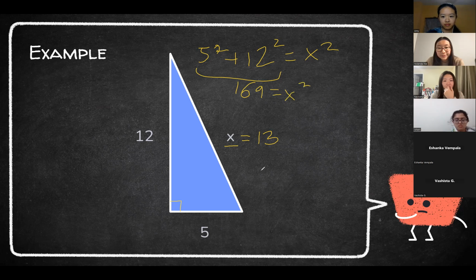So that equals x squared. Now if we take the square root of both sides, we get that 13 equals x. And so that is the length of the hypotenuse. And another way you could know this is if you memorize the Pythagorean triple, 5, 12, 13. But there will be more on that later in this presentation.